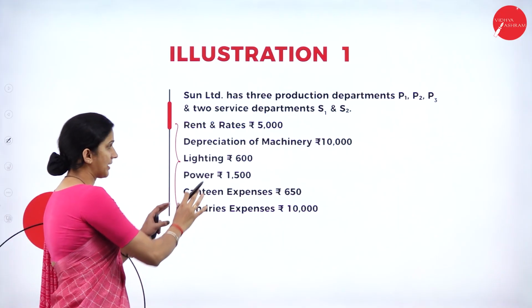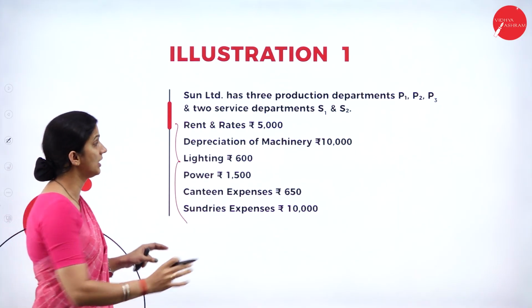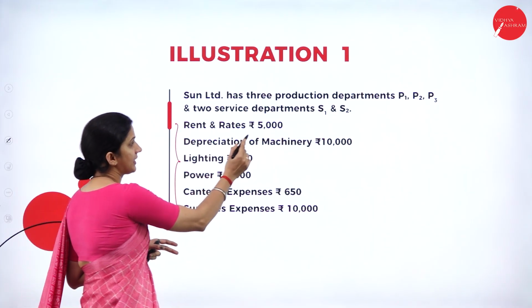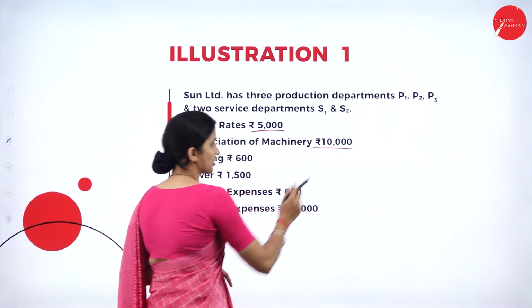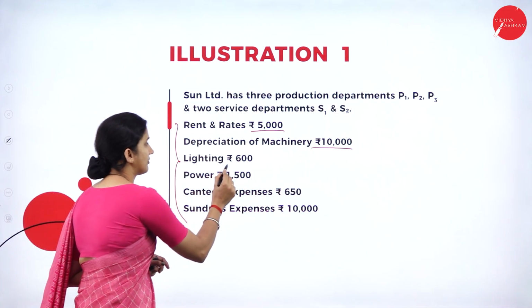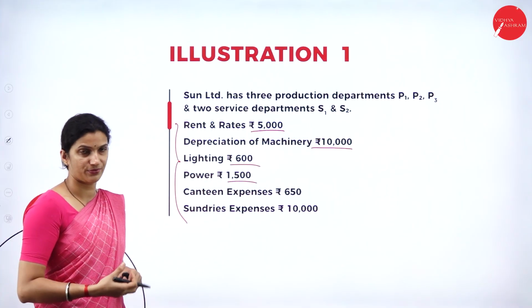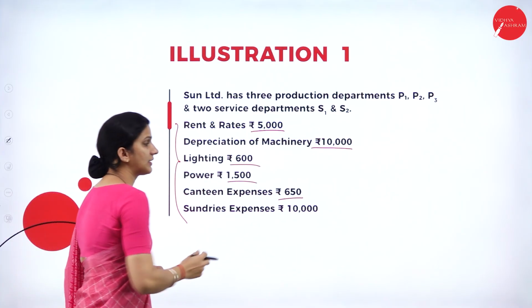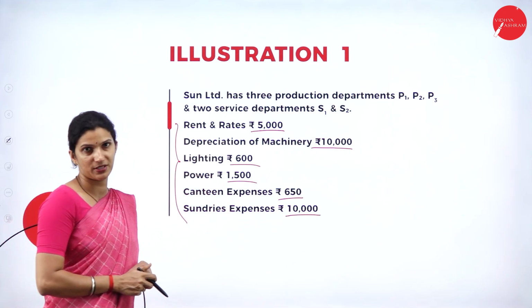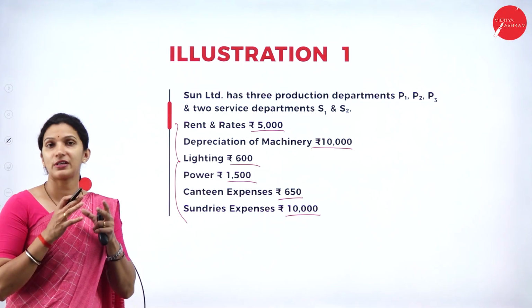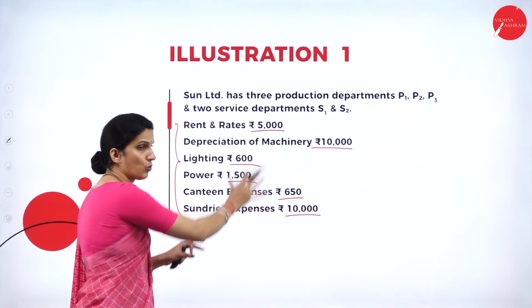The total overheads, or total indirect expenses incurred, are given here: rent and rates 5,000, depreciation of machinery 10,000, lighting 600, power 1,500, canteen expenses 650, and sundry expenses 10,000. The first step is to prepare a primary distribution summary for this overhead.